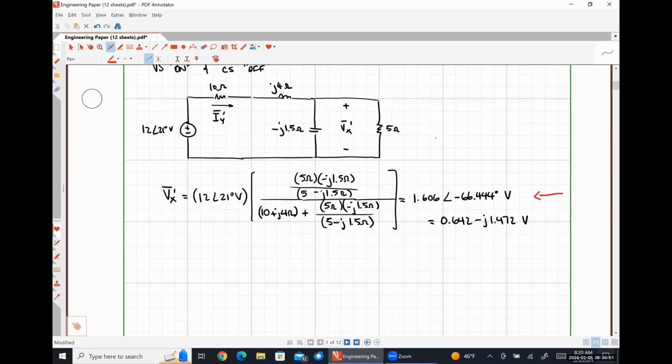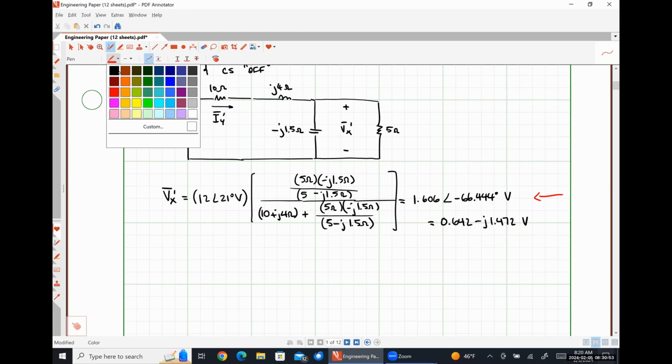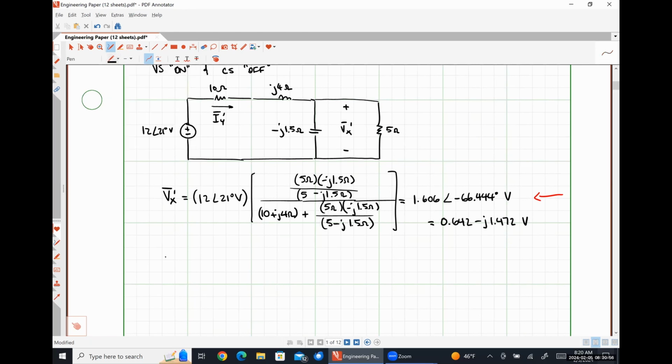So let's use the suggestion from Brandon. So we have 12 angle 21 degrees volts divided by 10 plus j4 ohms plus 5 in parallel with minus j1.5 ohms.